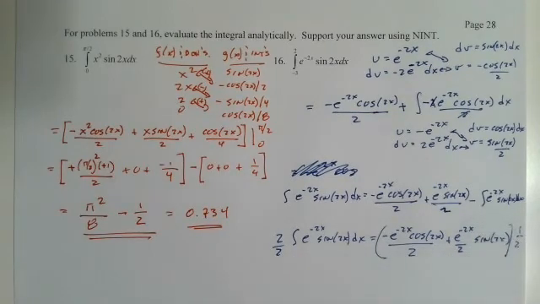I want to simplify a little bit before I get crazy with this. I can pull out an e to the negative 2x, and I'm going to write it sine of 2x minus cosine of 2x because my brain's wired that way.